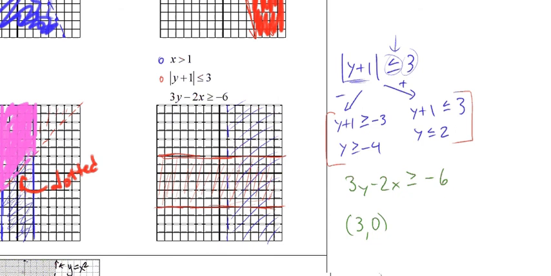And so I know it's got an intercept at 3, 0. And if x was 0, then y would have to be negative 2. And so it's got a point here at 0, negative 2. And go ahead and graph it. And it's going to be where y is greater than, so it's up above. But here's our line. It's a solid line because it's or equal to.